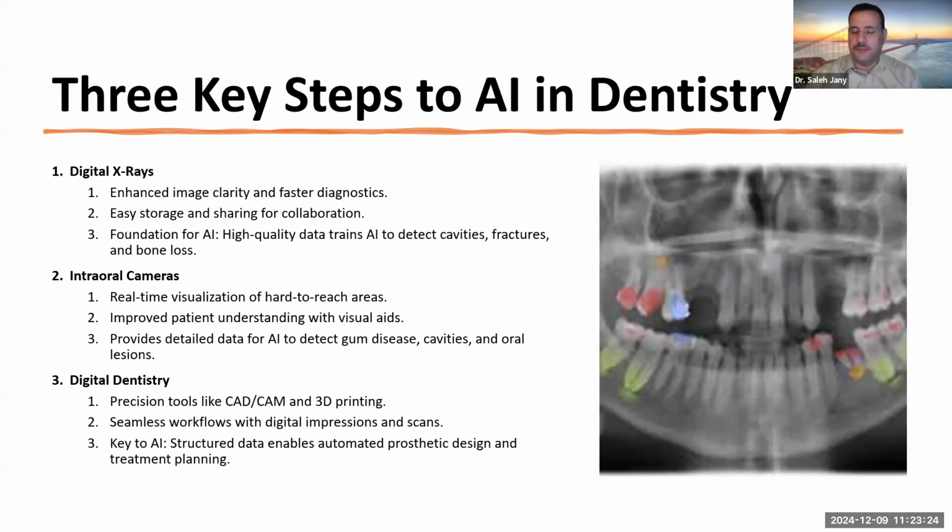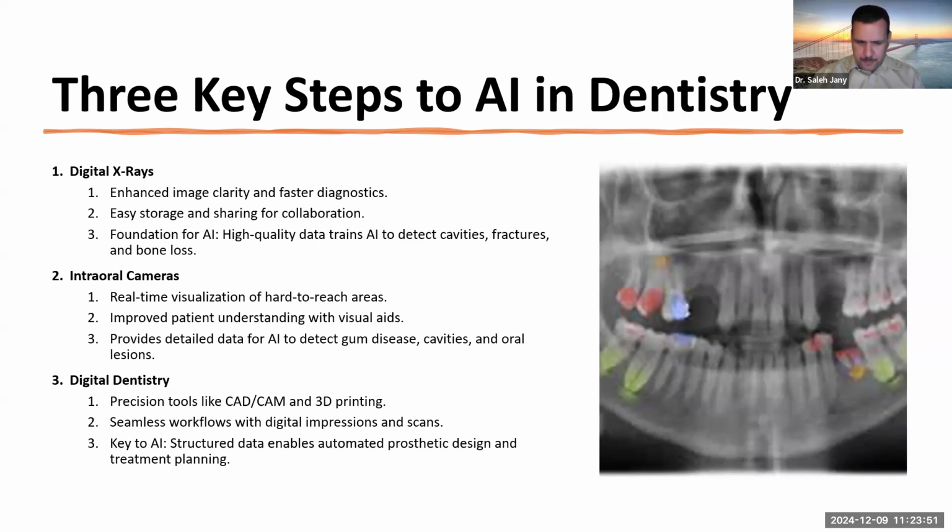We got a 3D printer, a 3D scanner, and communication. We can take an impression by scanning the teeth and emailing it to a company in California, and they have the 3D printer. Or you can design it and send it to them, and they 3D print the crown, the complete denture, or the bridge, and ship it back to you.